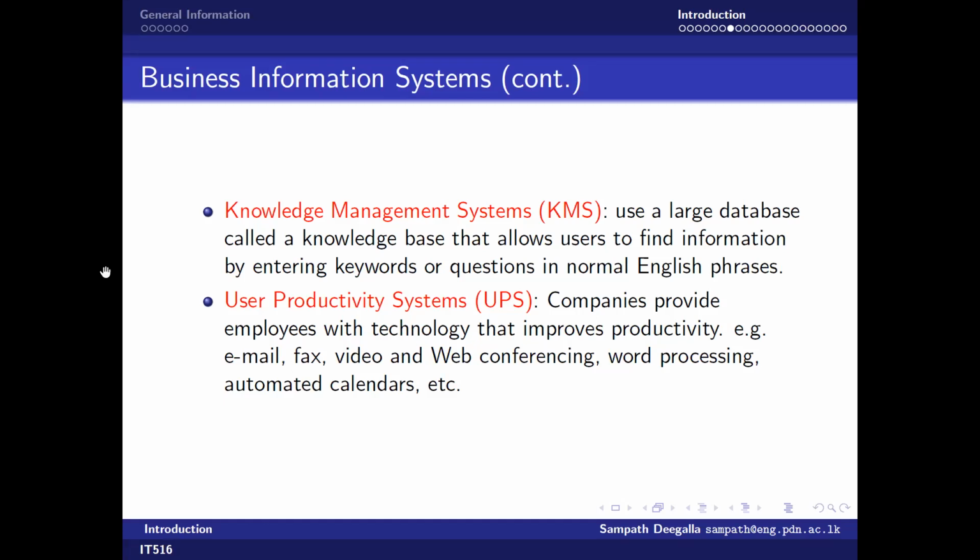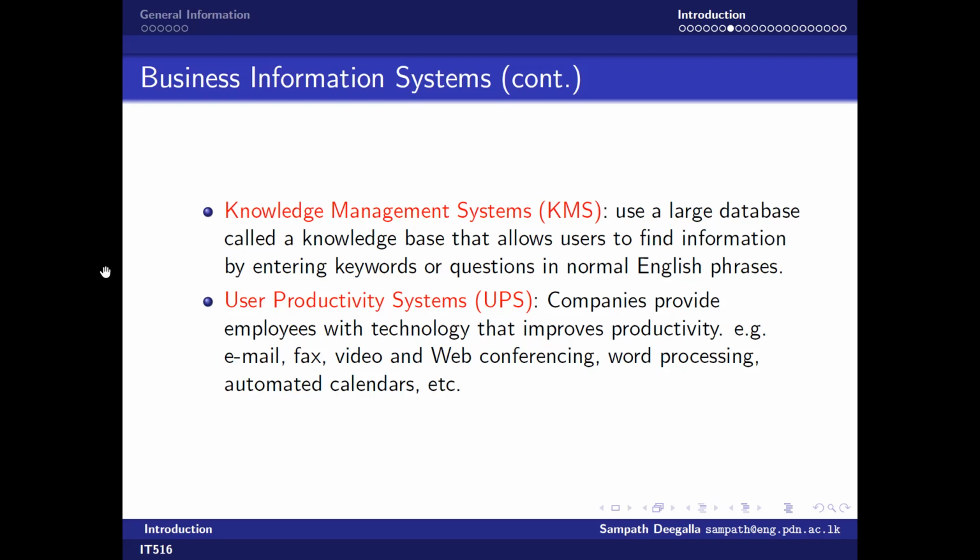Very useful. For example, in the medical domain, all this information is there, and when you want to find something, you can search within a large database. In the legal domain too, all the legal information can be in one single place, and you can search for information.